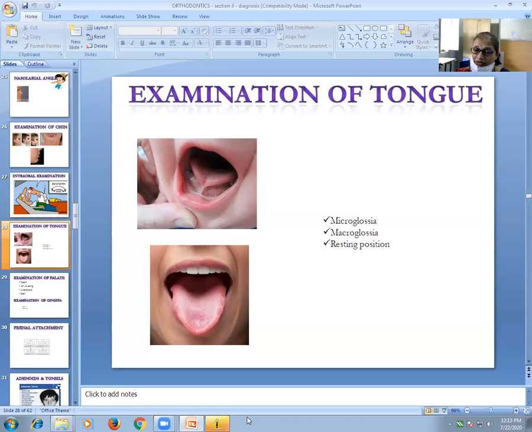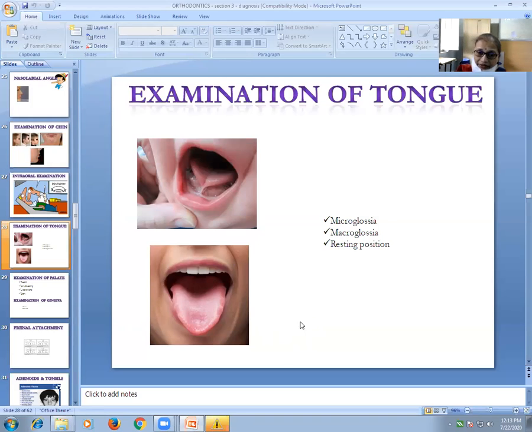So please note down the questions. These are all your viva questions. Why are macroglossia and microglossia important? Why is your tongue important to maintain the arch form? There is a hint: search about the buccinator mechanism.